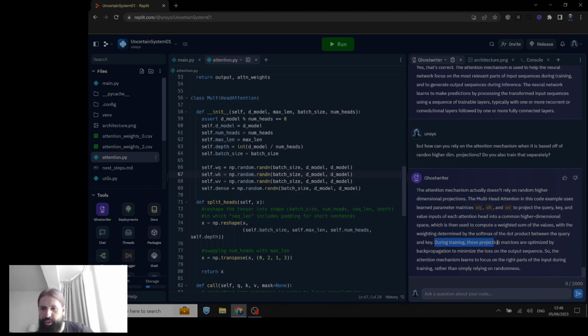During training, these projection matrices are optimized by backpropagation to minimize the loss of the output. Okay, so these are indeed learned.